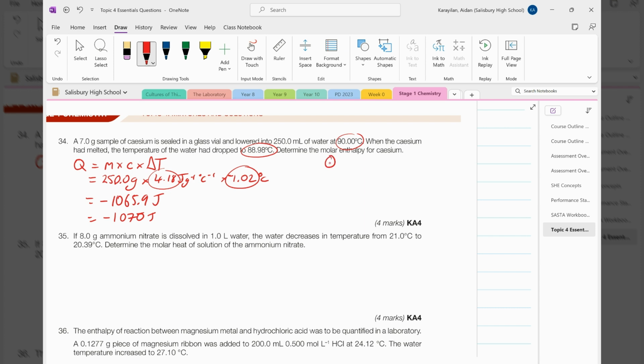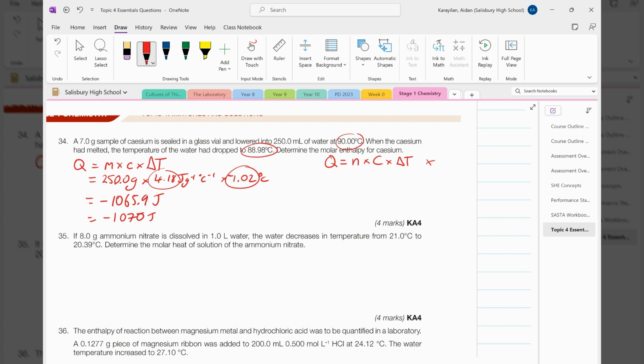Either way, let's have a look. This would be an equation that we might be able to use: number of moles times c times delta T. The tricky thing is we don't know what this delta T is, and we don't know what c is either. We can work out n, but the fact that there are two things missing means this is probably not what we're looking for.